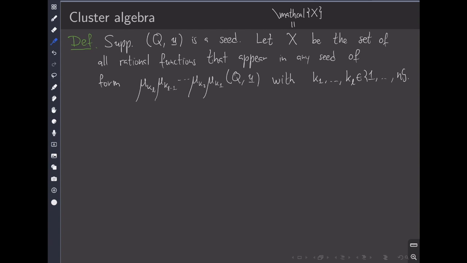By the way, I'm asserting that the mutation of a seed is a seed. So in particular, I'm asserting that after I take a seed and mutate it, the new tuple is also algebraically independent. But that's a very easy exercise.